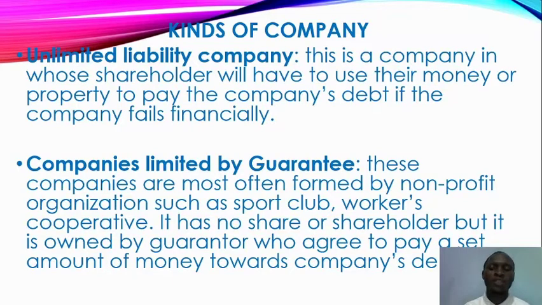So the guarantors here, by the agreements that they have reached, can actually pay for the debt of the business. These companies are most often formed by non-profit organizations such as clubs, workers' cooperatives. So this is the difference between unlimited liability company and company limited by guarantee.